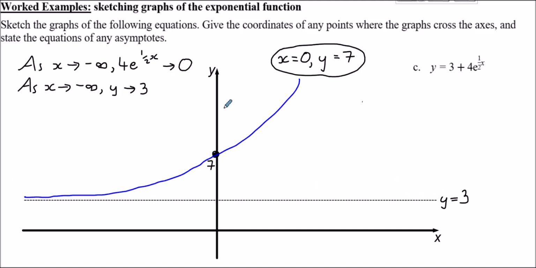And it's going to cross the y-axis when y equals 7. So horizontal asymptote at y equals 3. And that's essentially it, really.